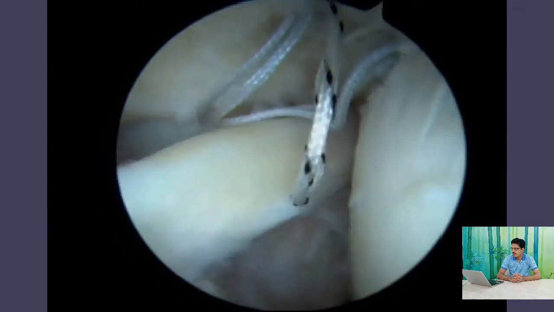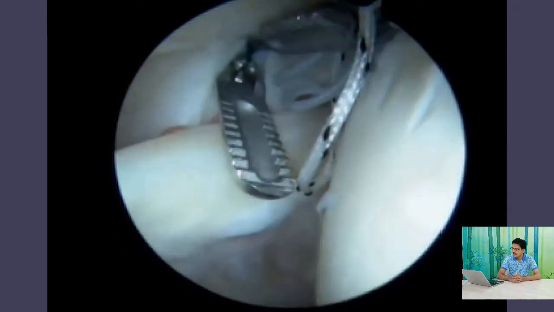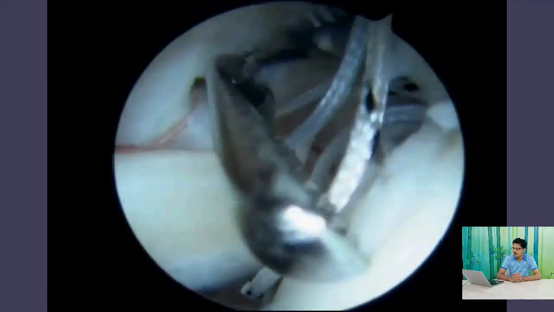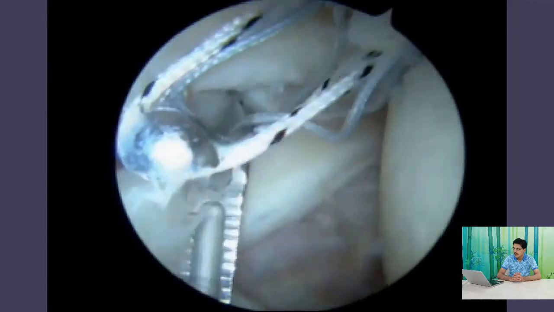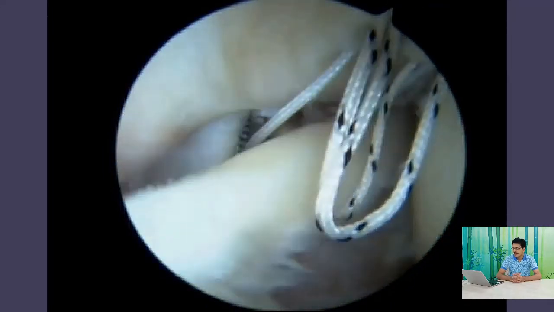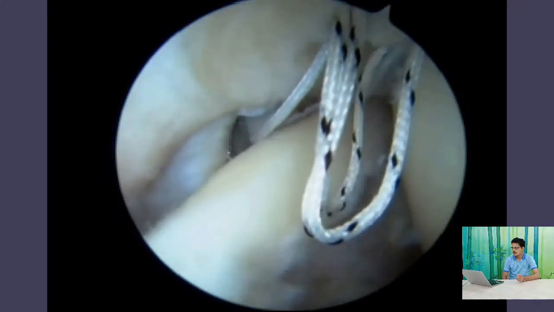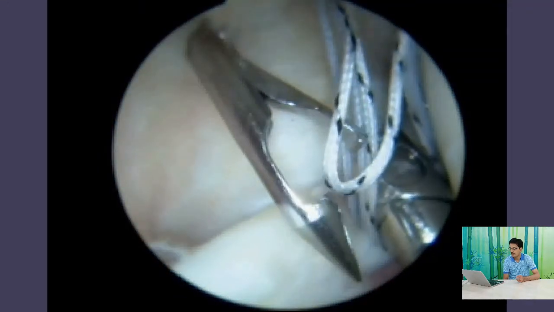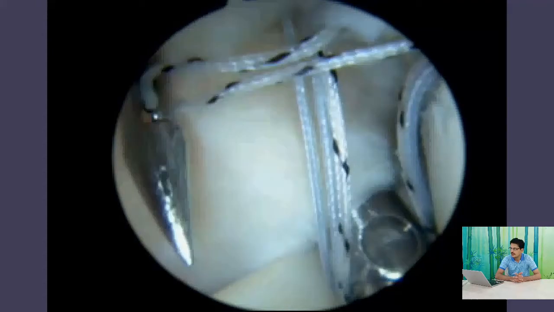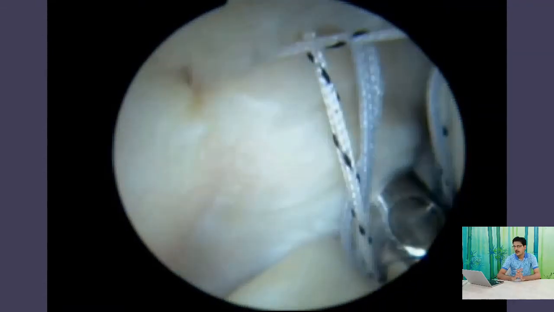Then we will use a penetrating kind of device which will pass through the articular lamina and grasp the suture limbs. So this is a penetrating suture device which will grasp the lamina one by one and take the suture out into the subacromial space.